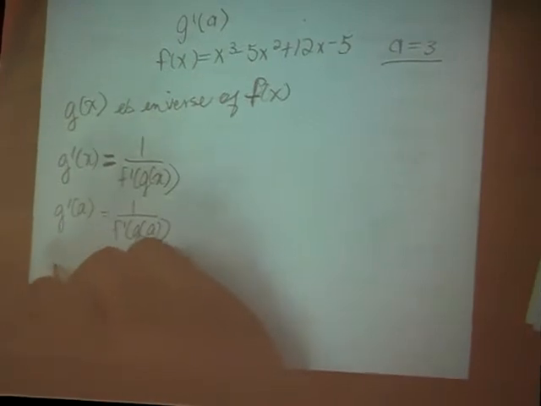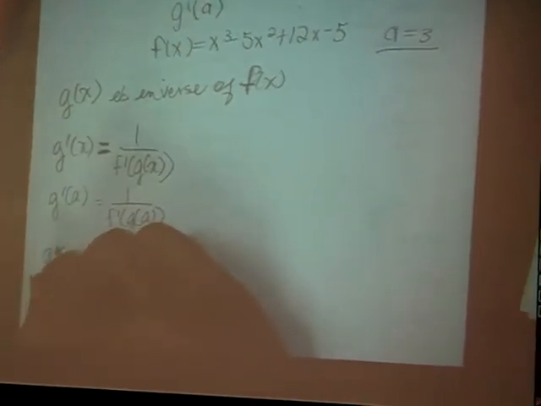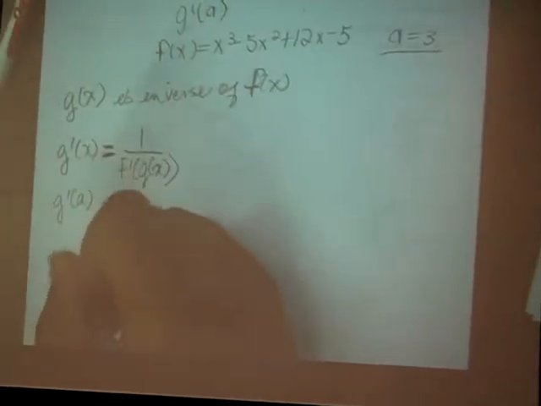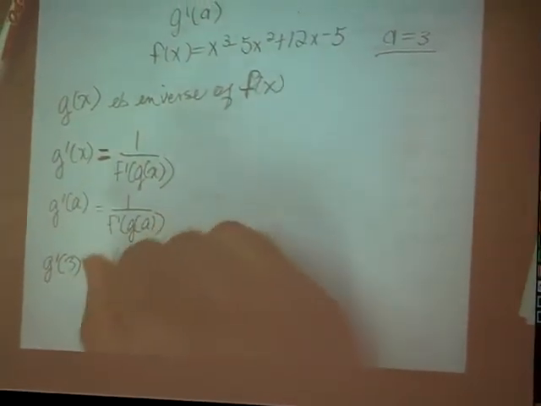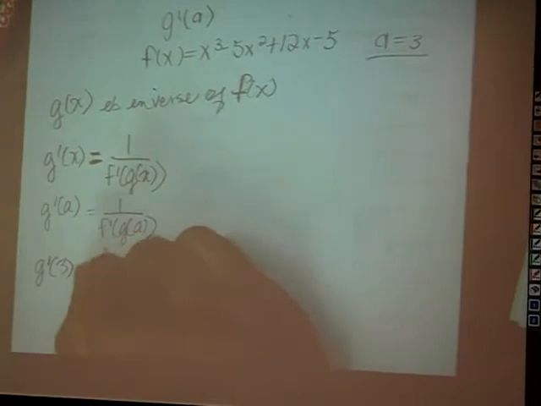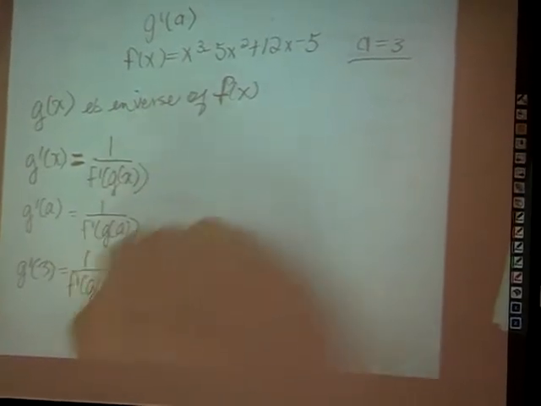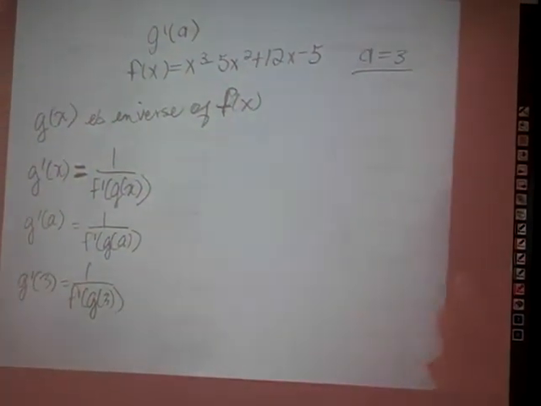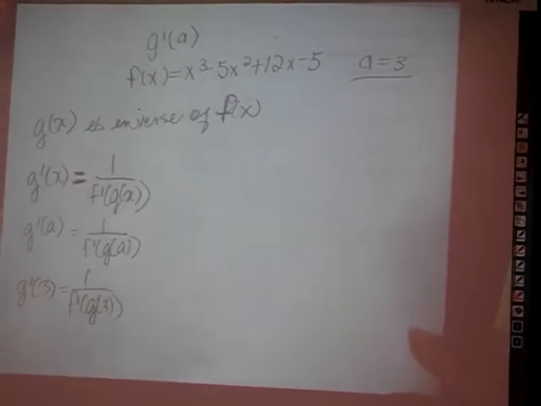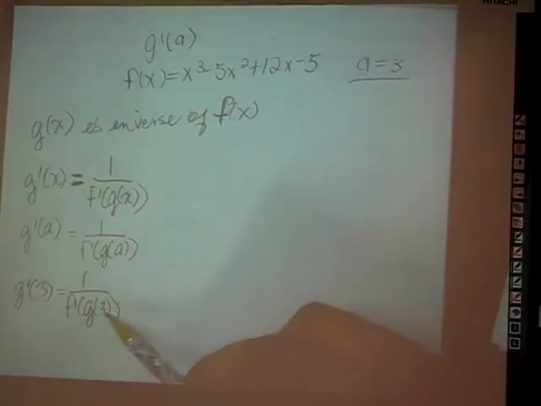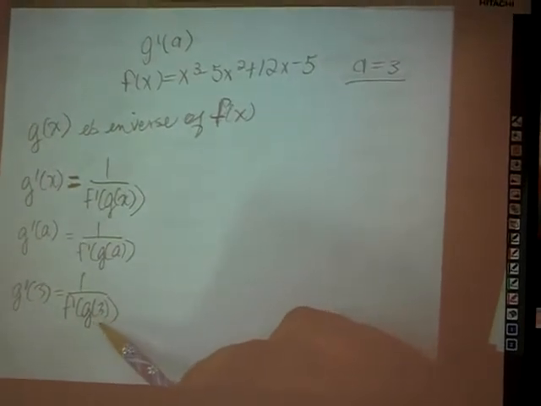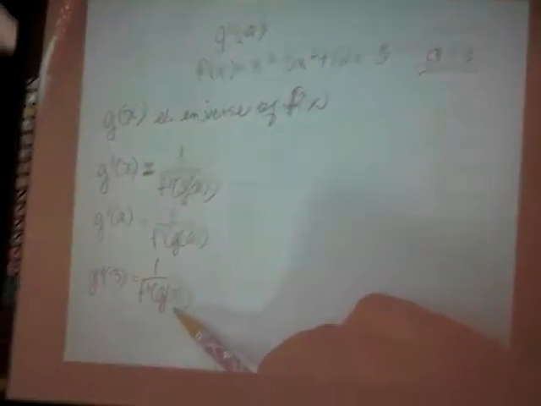So really I'm finding g prime of 3, which is equal to 1 over f prime of g of 3. Right? So now this is where we see that in order for me to go further, I have to first find g of 3.